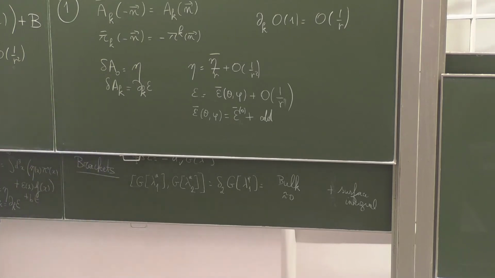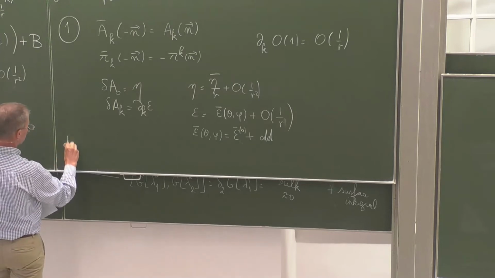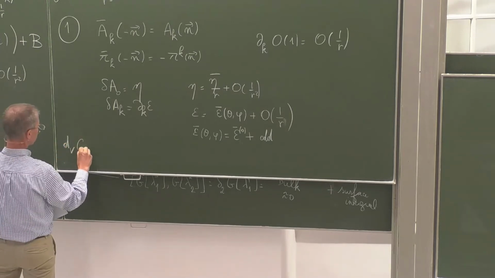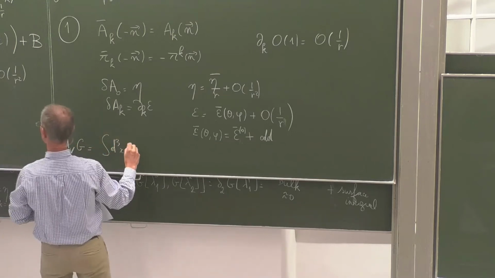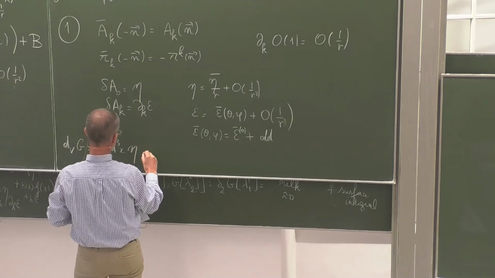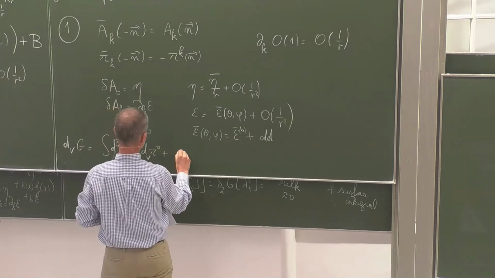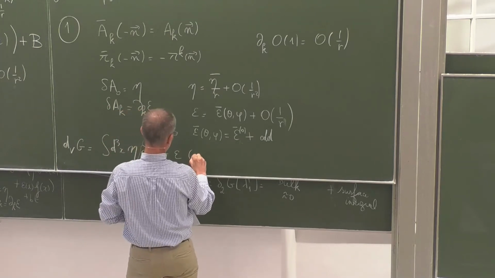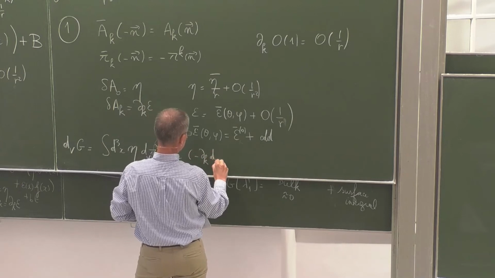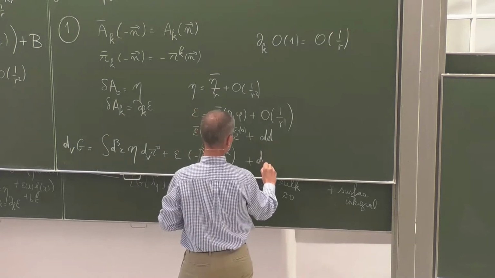Now you can see that if I take d_V of G, this I can write as d3x beta d_V pi^0 plus this, we did the computation yesterday, minus d_k d_V pi^k plus d_V of the boundary term.